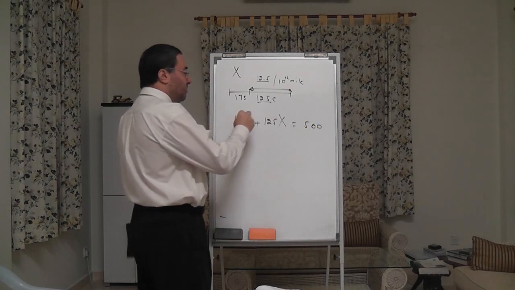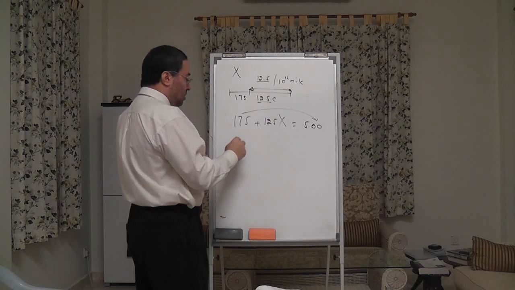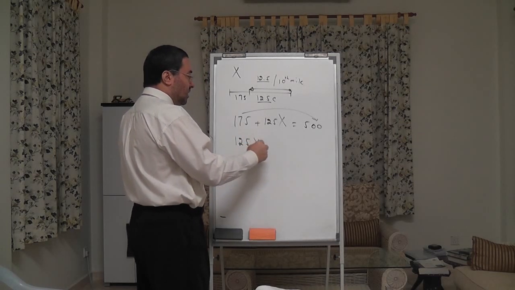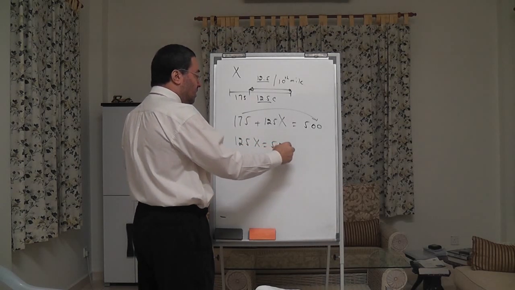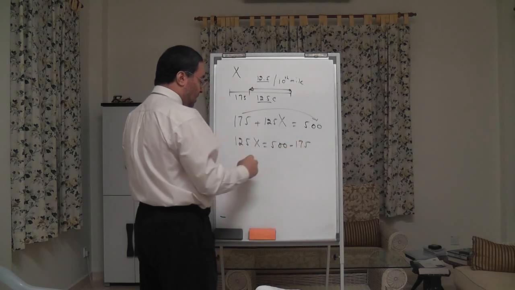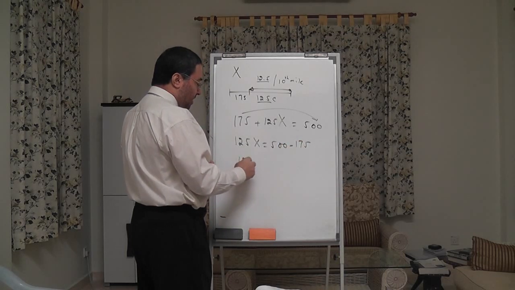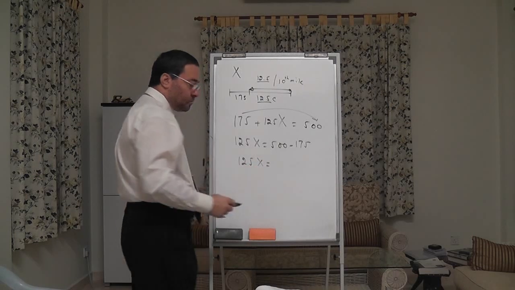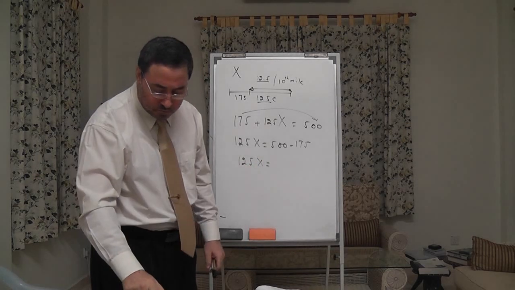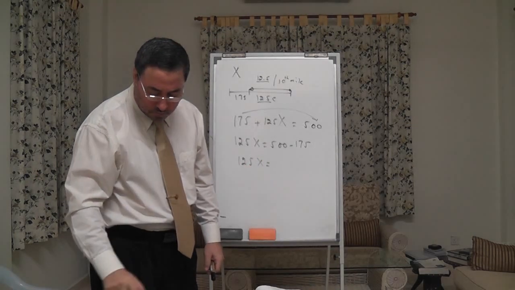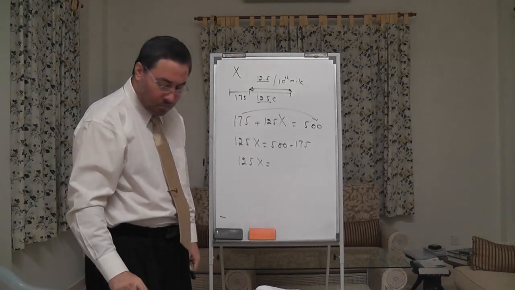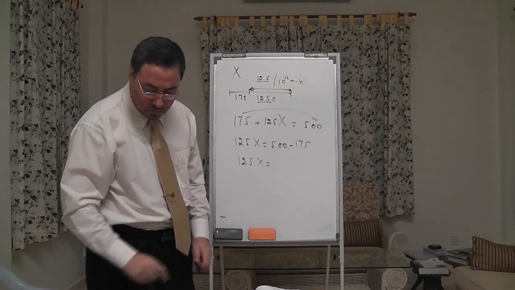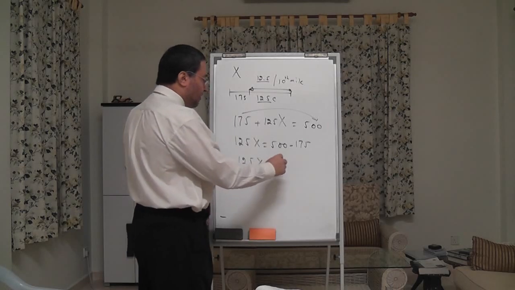And now we solve, we bring this to the other side. So 125x equals to 500 minus 175, and 125x equals to 325.